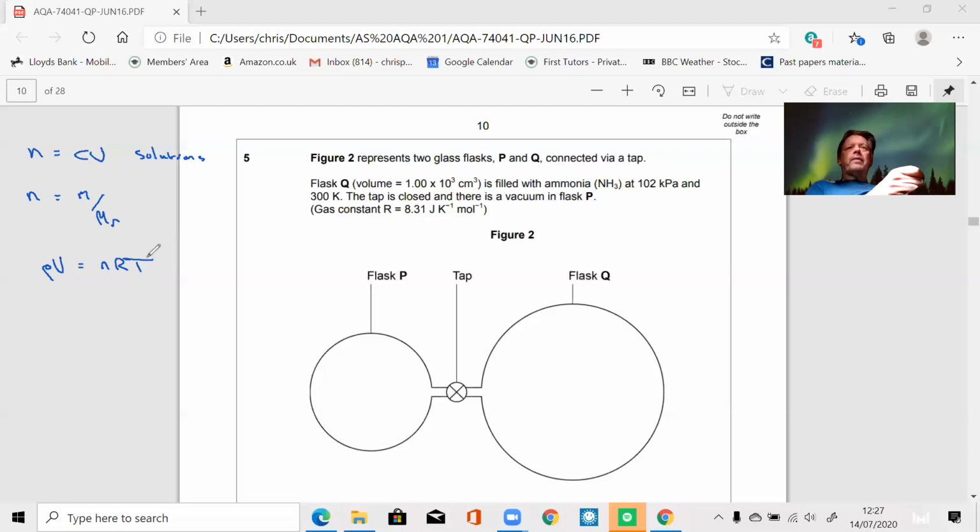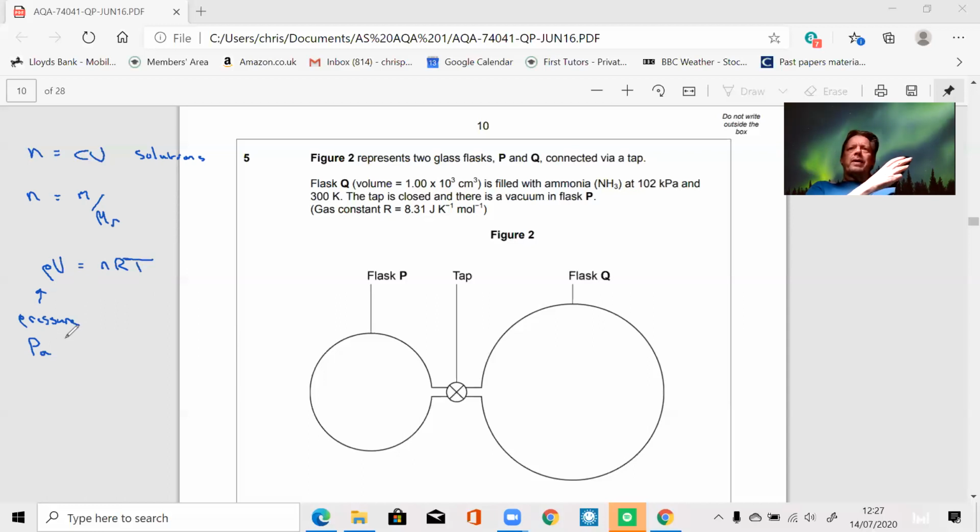The important thing about this is being able to rearrange it and being able to use the right units. So obviously P stands for pressure, but it has to be in pascals, because this is really a physics equation, and physics equations use what are called base units.